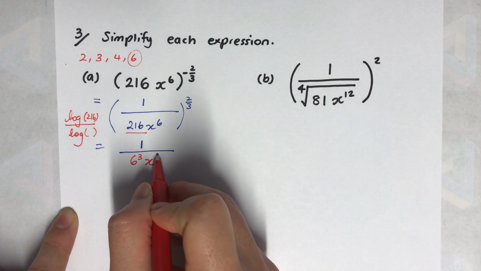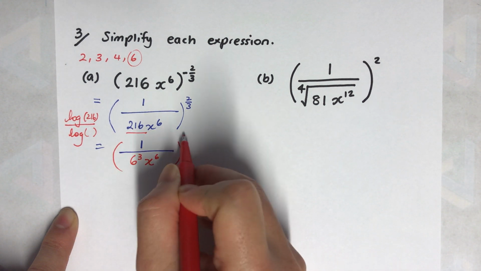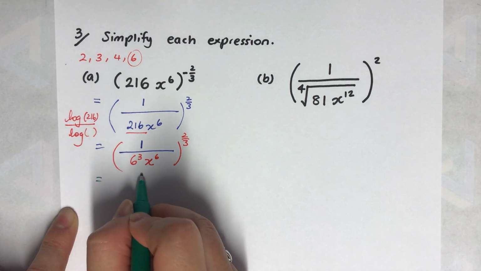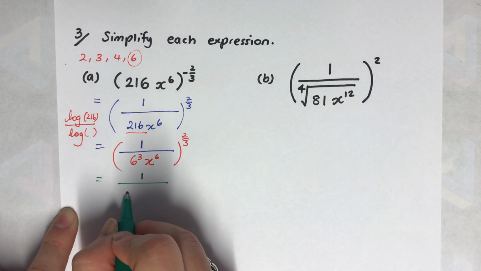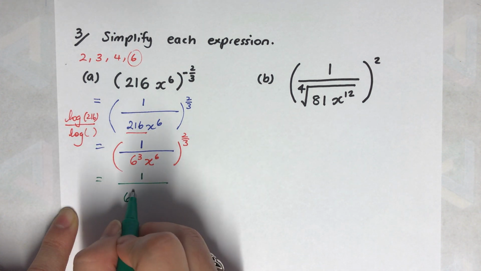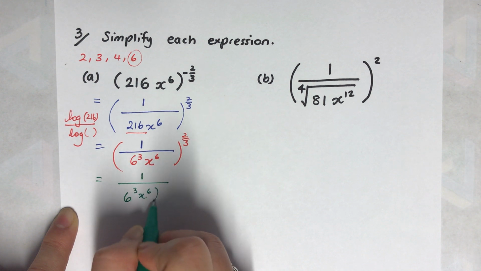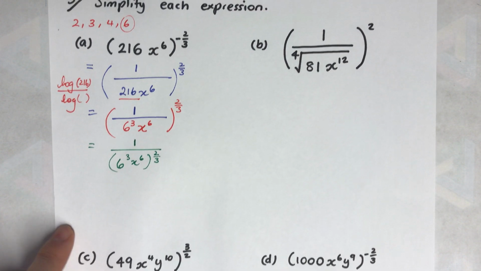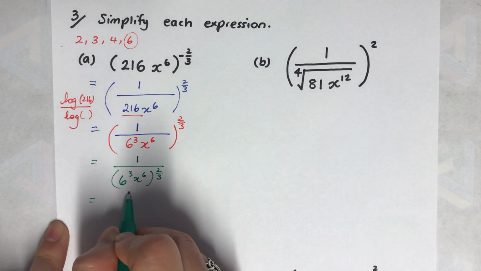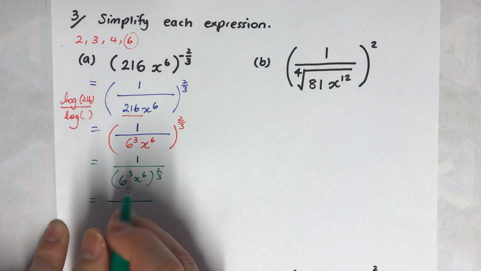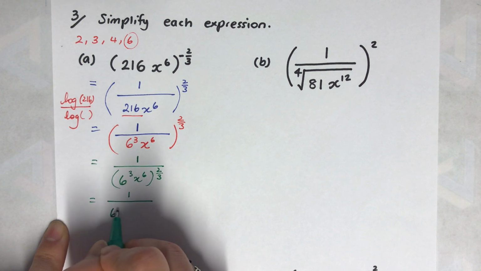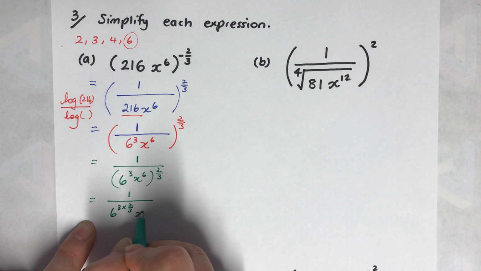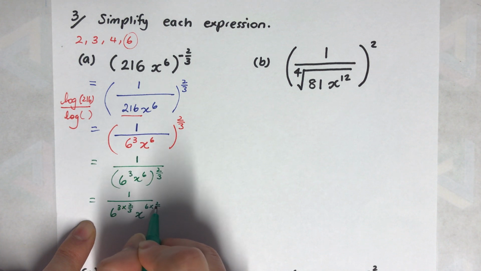x to the power of 6 and 2 over 3. So I'm going to have 6 to the power of 3, x, 2 over 3. Okay, and then after that, I'm going to go 6 to the power of 3 times 2 over 3, x to the power of 6 times 2 over 3.